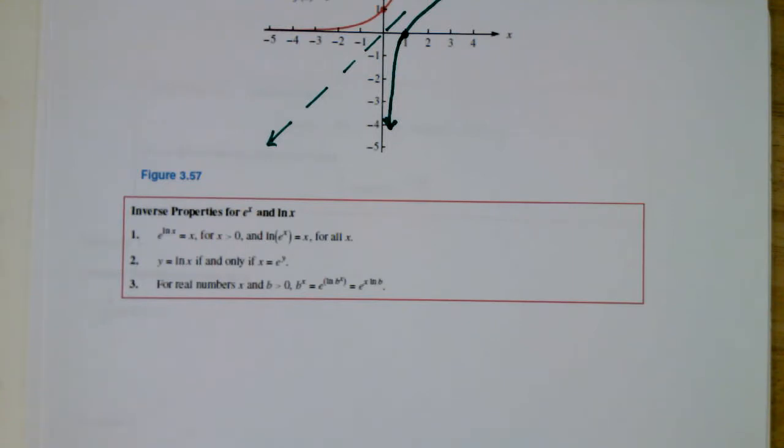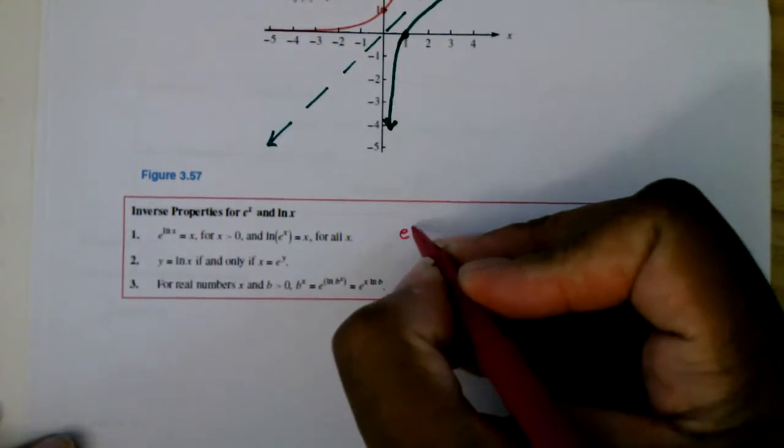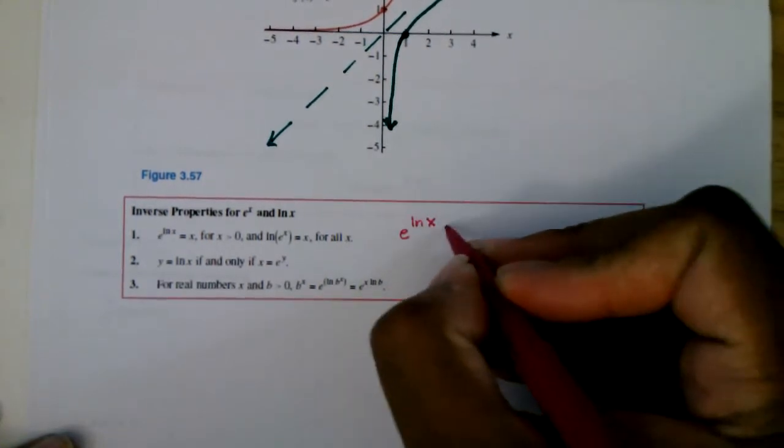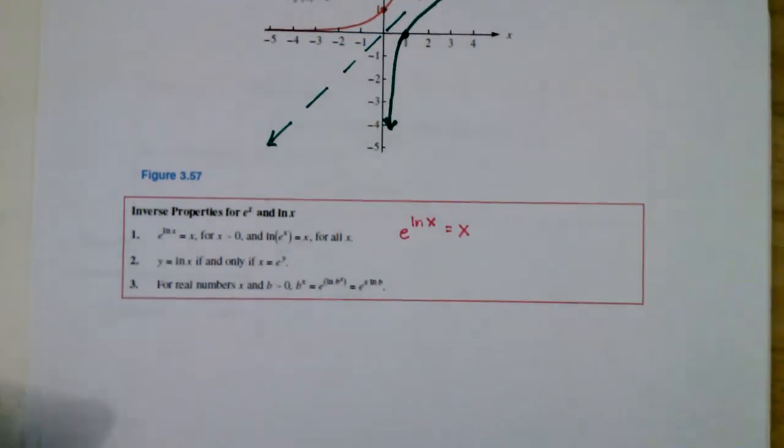In this case here, e to the ln of x is going to be equal to x. In other words, e to the ln of whatever I have would be equal to x. And I might need to go ahead and write that in so that y'all can see this a little bit better. Now this is for x greater than 0.